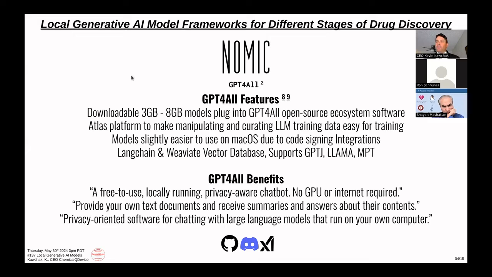Apple Metal in specific is for the MacBook Pro, so that's in specific the GPU. Actually, you can get to it with the MacBook Air as well. On another one, it's on by default, meaning a lot of these issues seem to be geared towards people bringing in Apple Silicon. And also for GPT4All, you see LangChain and Weave support, and then GPT-J, Llama, and MPT. Those are the three big ones as well.